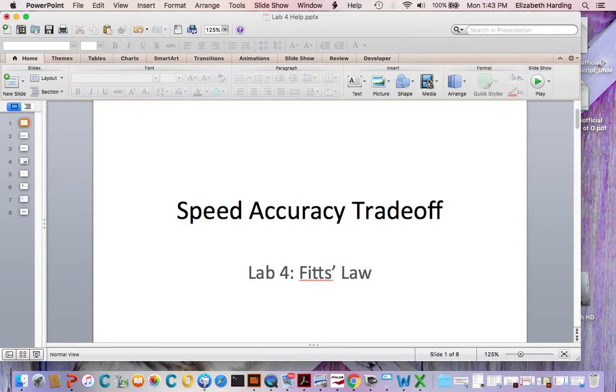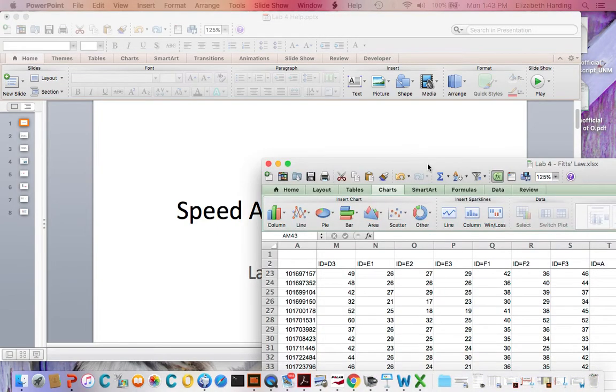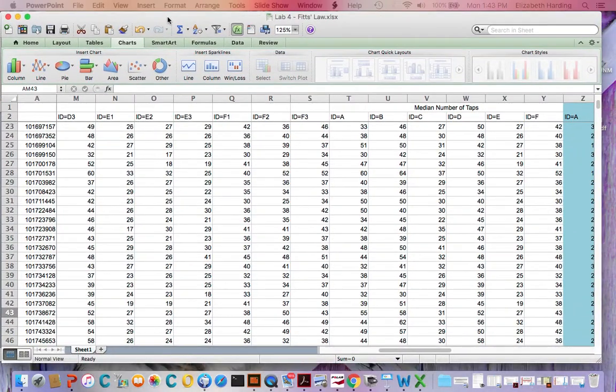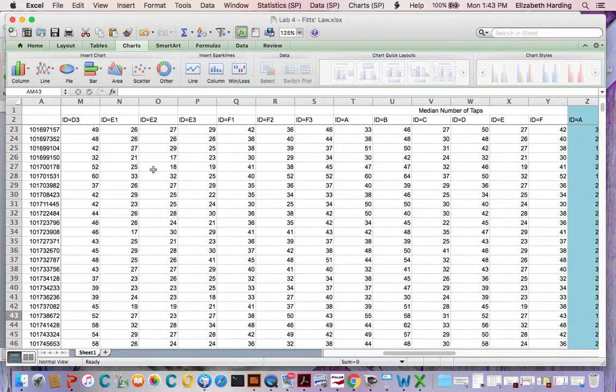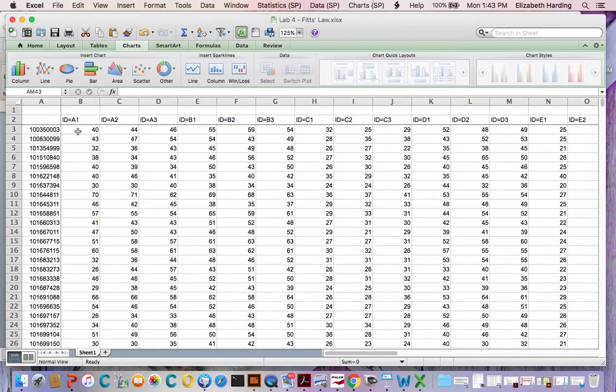So what you were to do was enter your data, or the number of taps, into our class data sheet. So here's a copy of our class data sheet. You can see I have our participant IDs in column A, and then for index of difficulty, so tasks A through F, we had 3 trials of each.